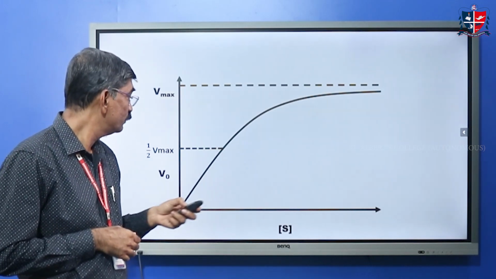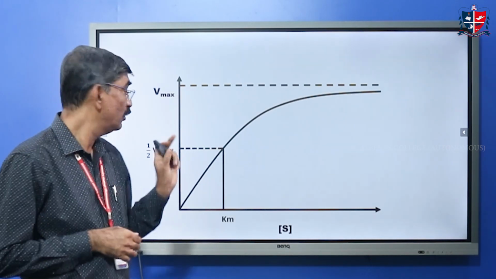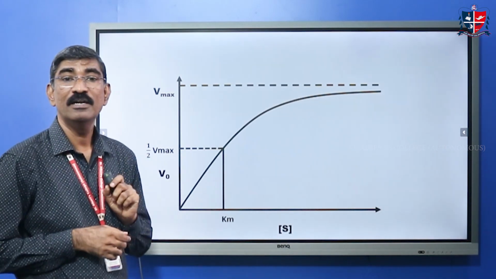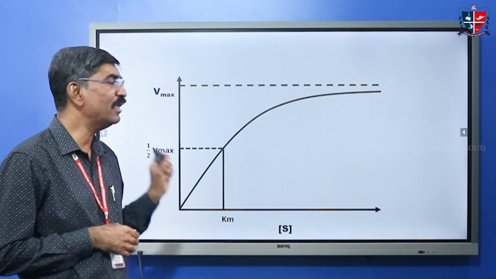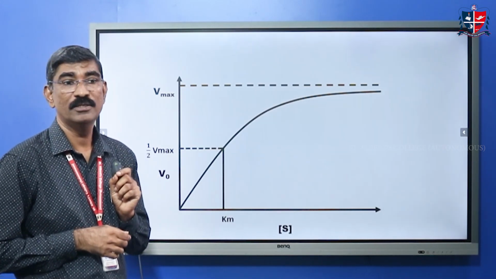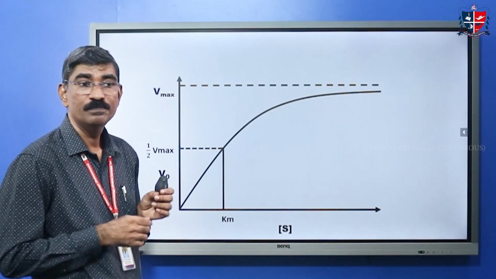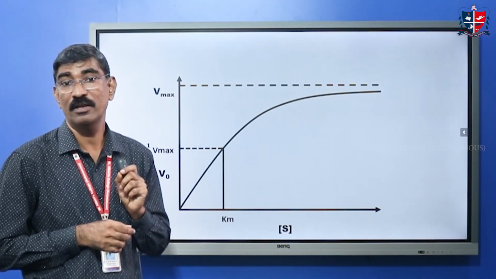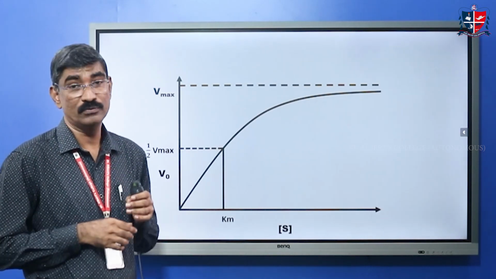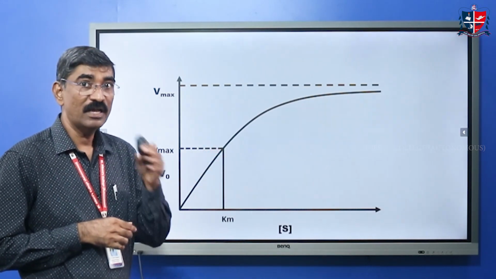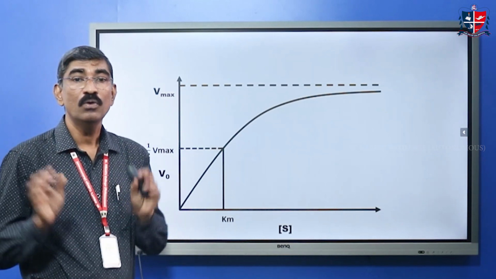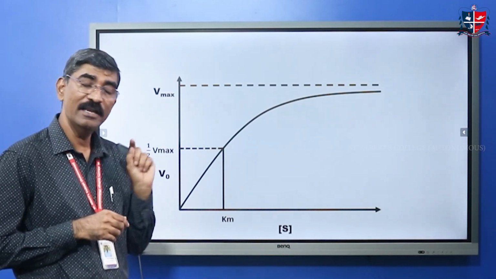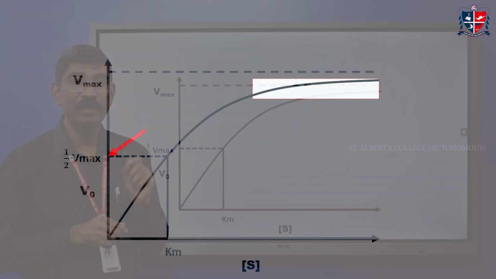The substrate concentration for attaining that half Vmax is represented as Km, and this Km is known as the Michaelis constant. In any enzyme catalyzed reaction, this Km value and this Vmax value are very important. You have to determine these two values. So from this graph, as I have already told you, you are not able to find out the accurate Vmax value, and hence you cannot find out the Km value either.